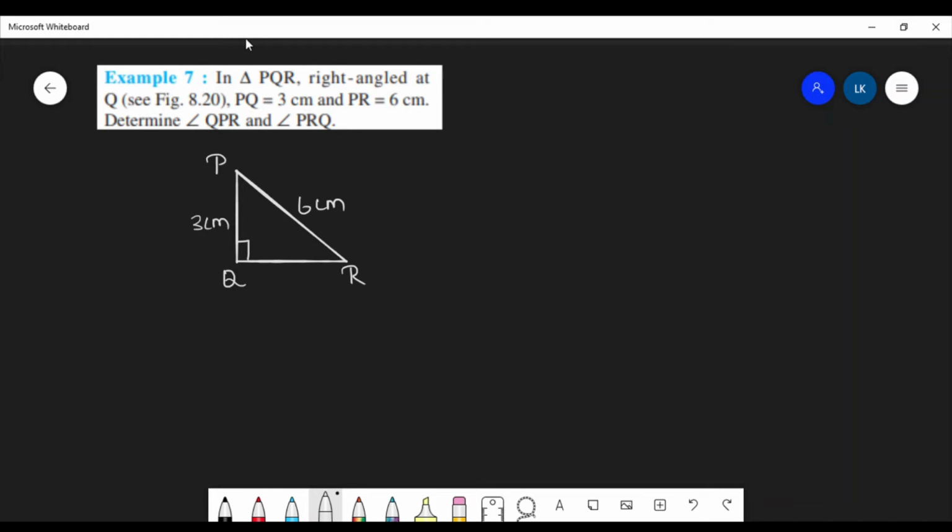We have to find the angle QPR, and we have to find angle PRQ. Okay, what is given? Given the sides PQ and PR. PQ value is 3 centimeter and PR value is 6 centimeter.